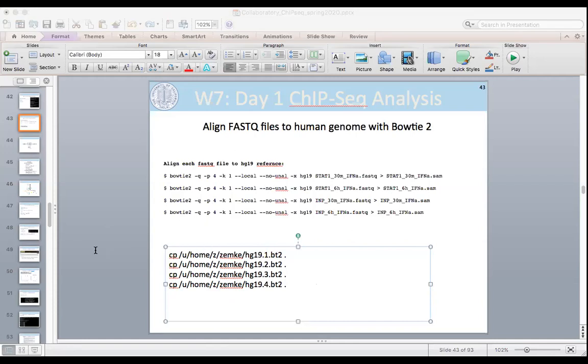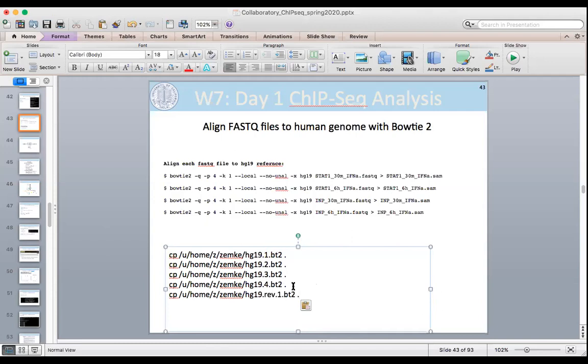Sorry about that. I tested that command yesterday and it worked, so I don't know what the connection problem is. I ran it a little bit before we got to it, and it worked.